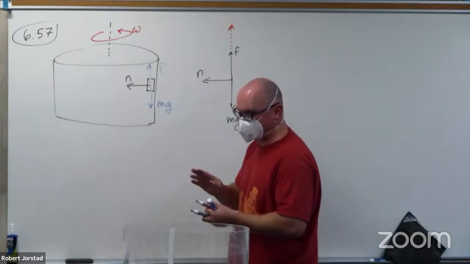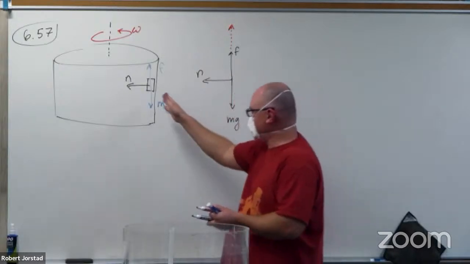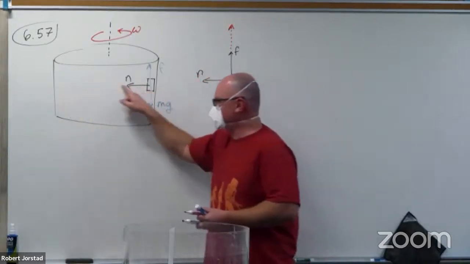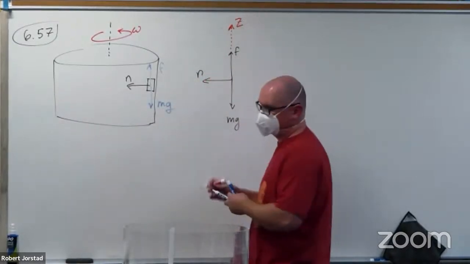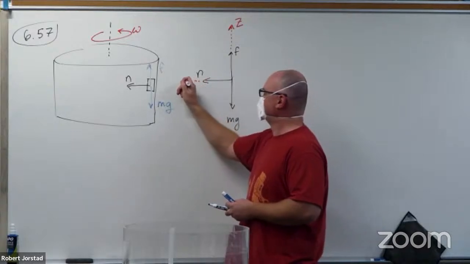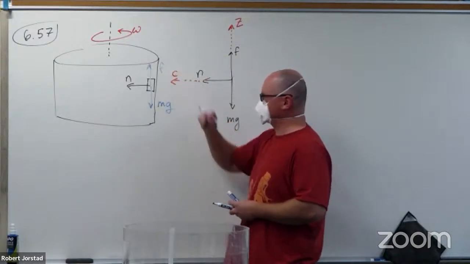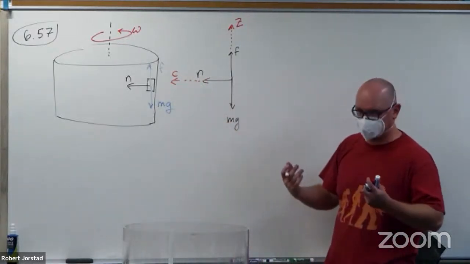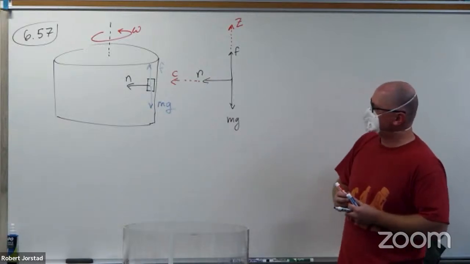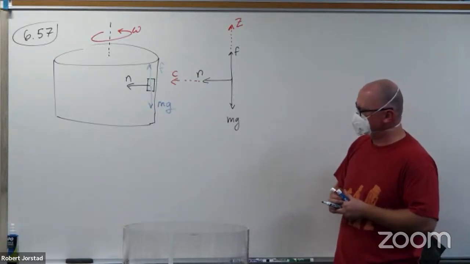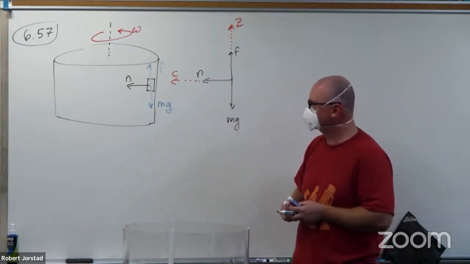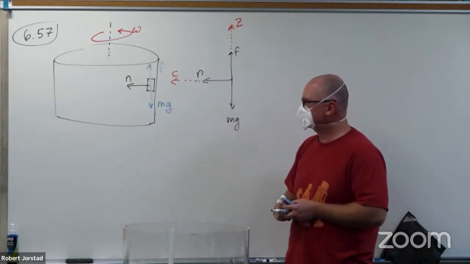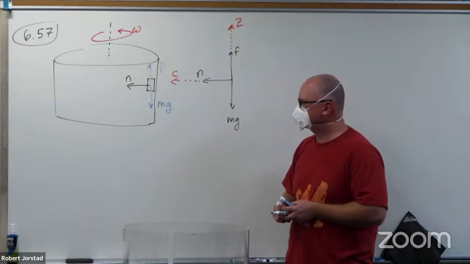Theta hat is in the direction of motion, going around this way. So I'm just going to call this some other coordinate. I'll call it Z. This direction over here is towards the center, so I'm going to call that C. And now, which way is this thing accelerating? Away from C.